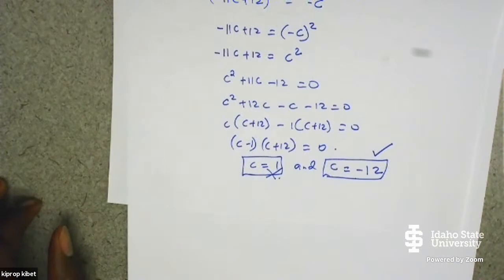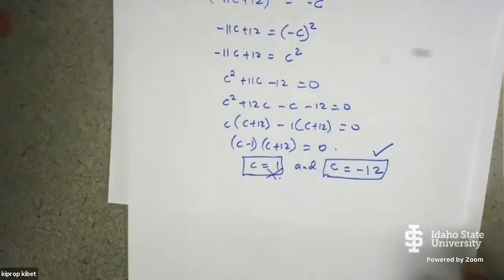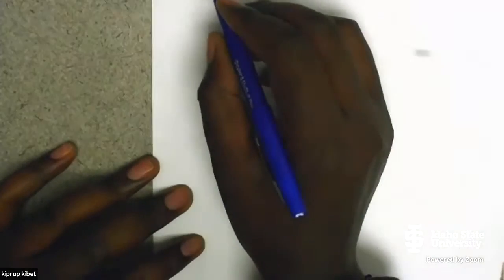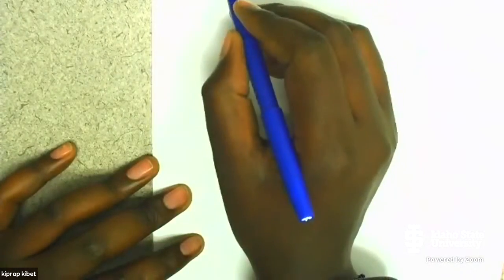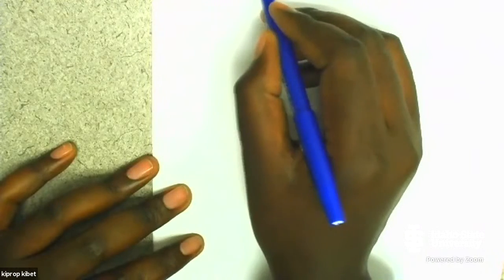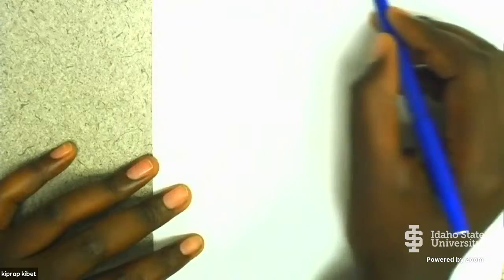Any question? We still have 2 minutes. Another similar one is the square root of minus 41z plus 10, plus z equals 10.